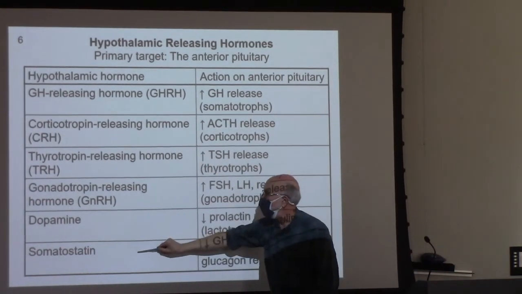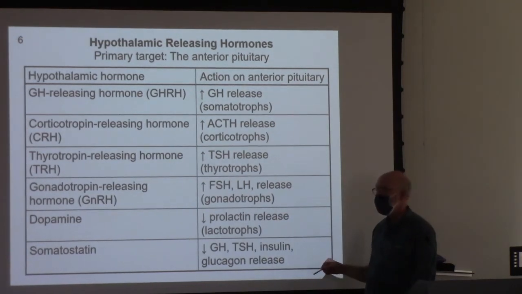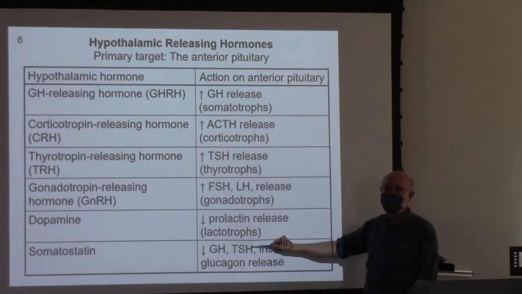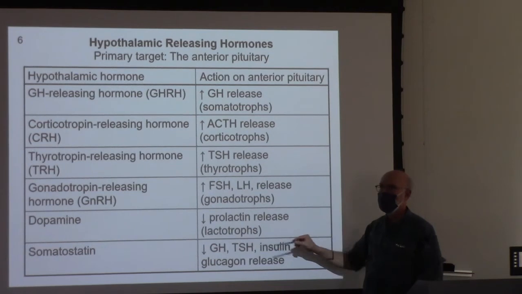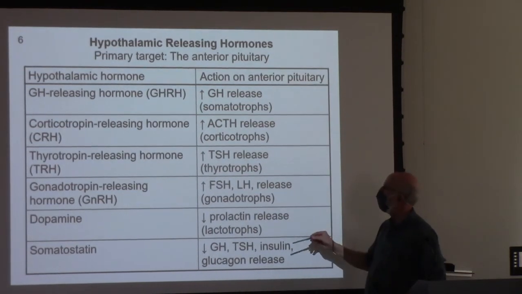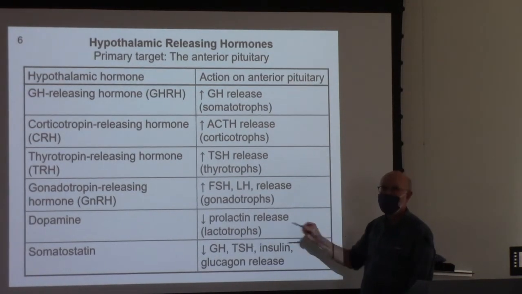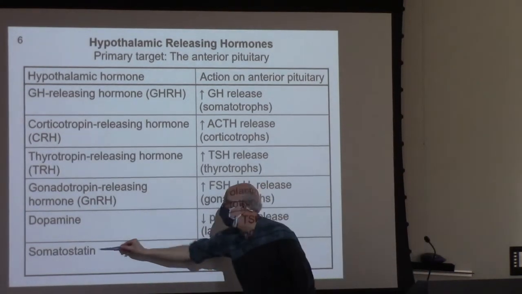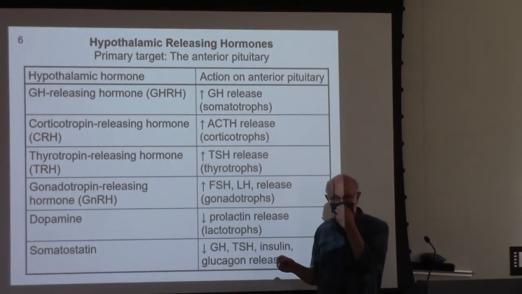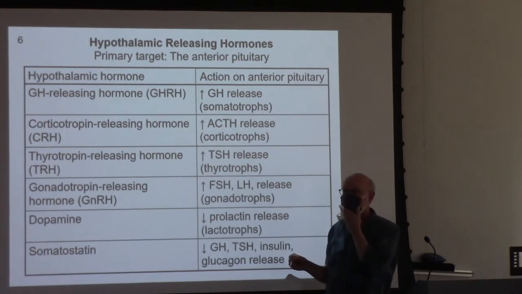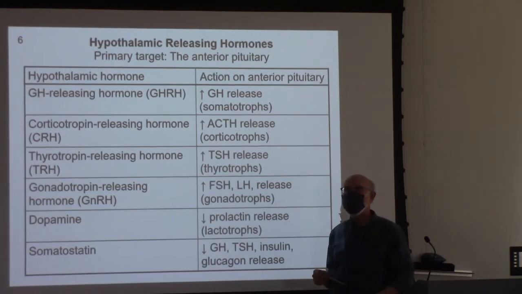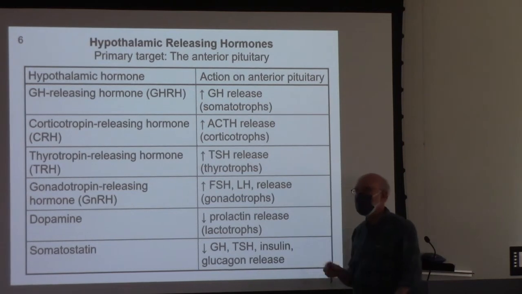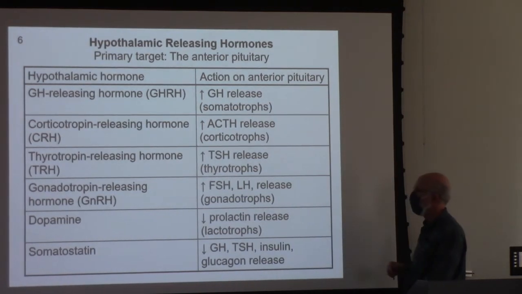TRH and somatostatin are working to control TSH. So we have negative feedback: thyroid hormone is giving negative feedback, and we have negative feed forward by somatostatin. Negative and positive control leading to homeostasis. We're going to come back to that repeatedly.